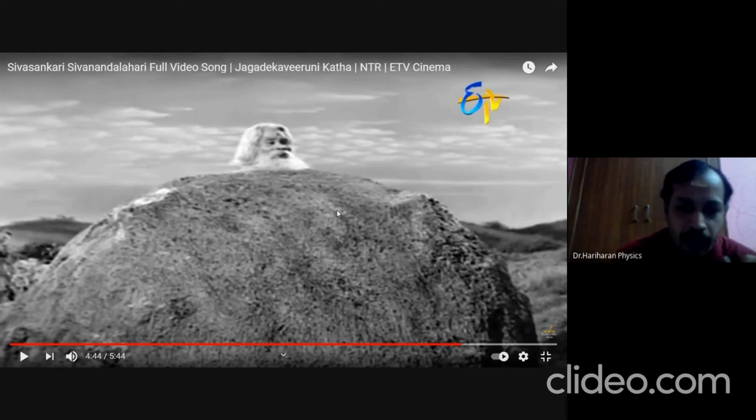Once a king happens to pass through that forest, and he will notice this sage whose head is just there above the stone, and the entire body is sandwiched inside the stone.